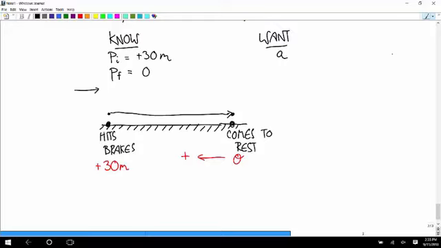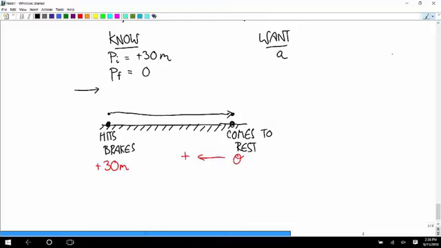What about the velocity at time equals 0? Do we know that? At time equals 0, that's when it's going 40 miles an hour. But now we have to be careful with the sign again, because it's going 40, not 40 miles an hour, 40 meters per second this way, but now that's the negative direction.